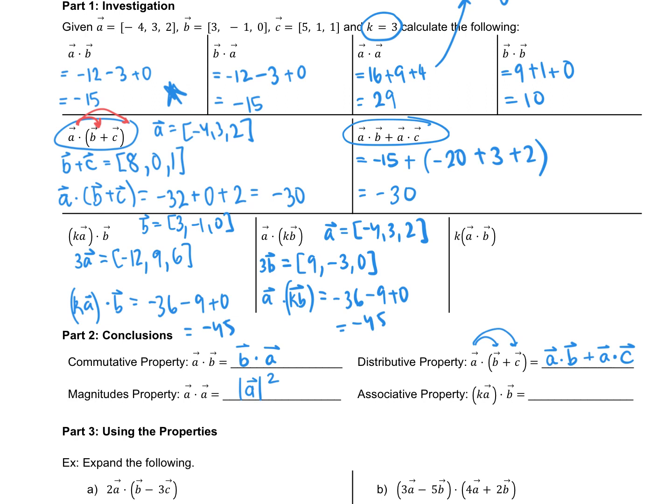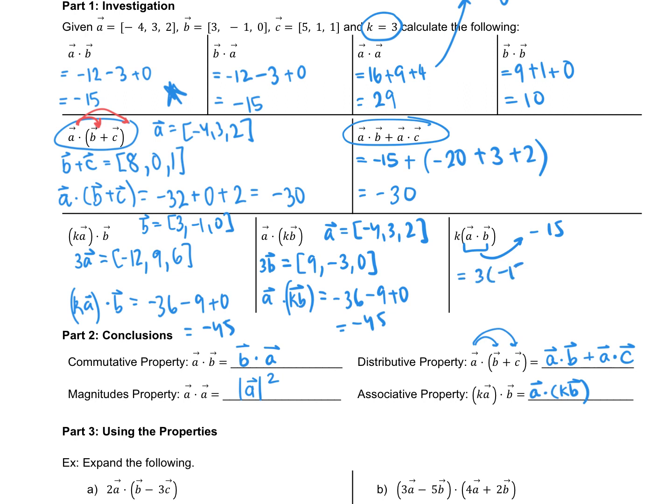So we can conclude here that where you put that scalar value will not change your dot product. So k times vector A dot vector B is the same thing as vector A dot k times vector B. But what about if we have the dot product first, which we already know is -15, and then multiply it by the scalar?